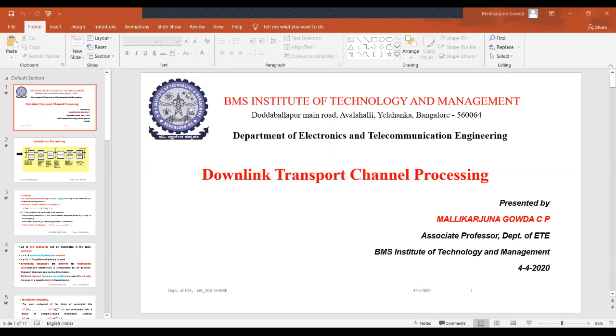Okay, so welcome to this session. Yesterday we discussed the downlink transport channel processing, the first part. As I said, in the downlink transport channel processing there are two steps. One is the channel coding process, and the second one is the modulation process.